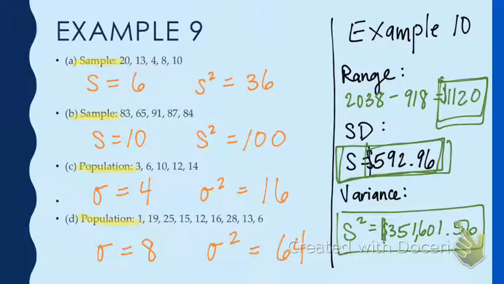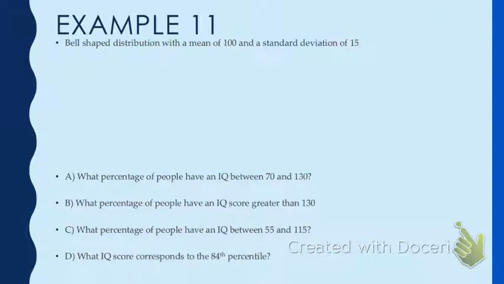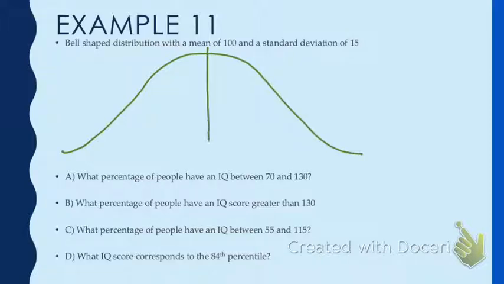So questions about this? Okay. It tells us that we have a bell-shaped distribution with a mean of 100 and a standard deviation of 15. Anytime we see this, we're going to draw our bell shape like this. We put our mean in the center, 100, and then go up 3, down 3.